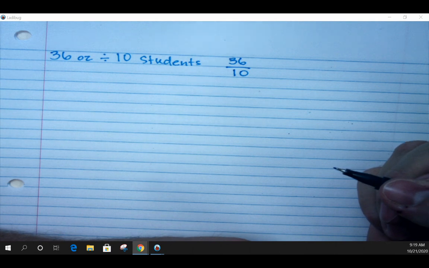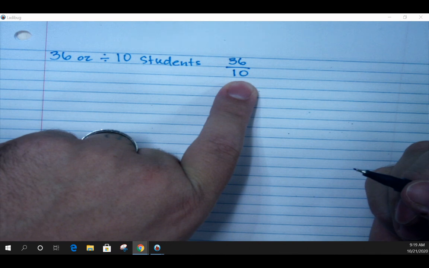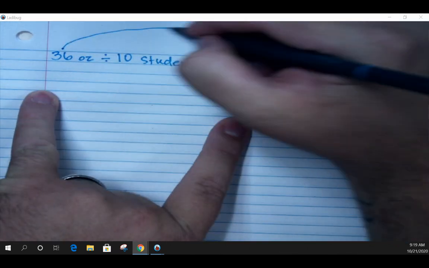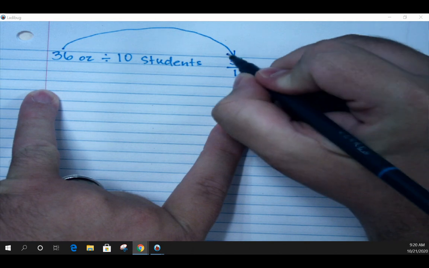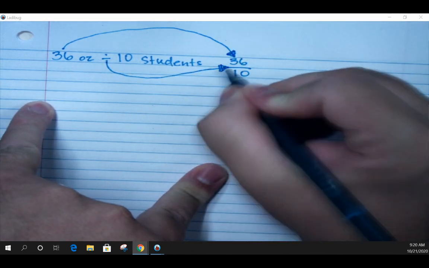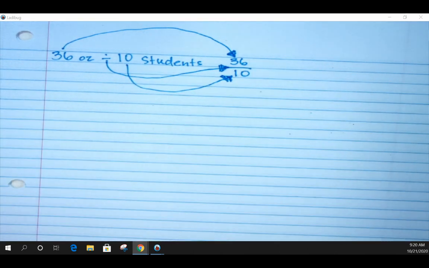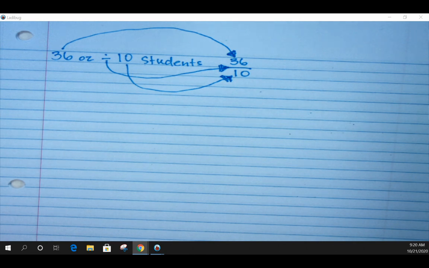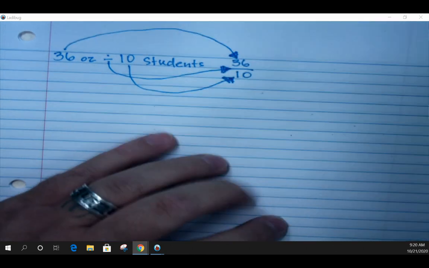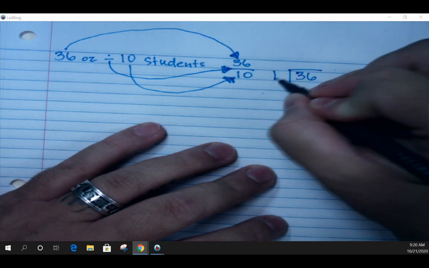So when we divide, what is our denominator going to be? 10. If you set it up this way, 36 divided by 10, then you get 36 tenths, which is a what? Improper fraction. To solve an improper fraction, you do 36 divided by 10.